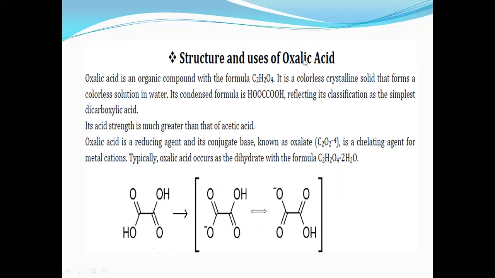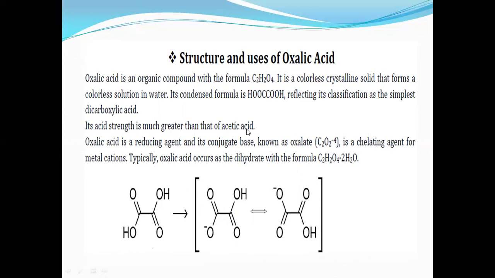Now the structure and uses of the oxalic acid molecule. It is also an organic acid present as a colorless crystalline solid, which forms a colorless solution in water. Its condensed formula is HOOC-COOH, which reflects its classification as the simplest dicarboxylic acid. The strength of this oxalic acid is greater than that of acetic acid because it will readily donate its proton.